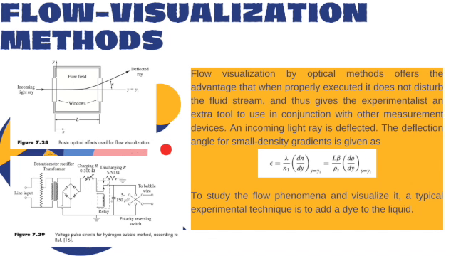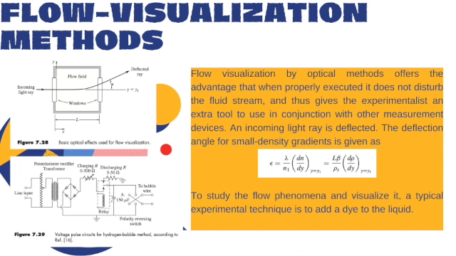The deflection angle for small density gradients is given as follows: the incoming light ray is deflected through an angle epsilon as a result of the density gradients in the flow, where L is the width of the flow field, rho is the local fluid density, rho sub S is a reference density which is usually taken at standard conditions, and N is the index of refraction, which for gases may be written equating to N.